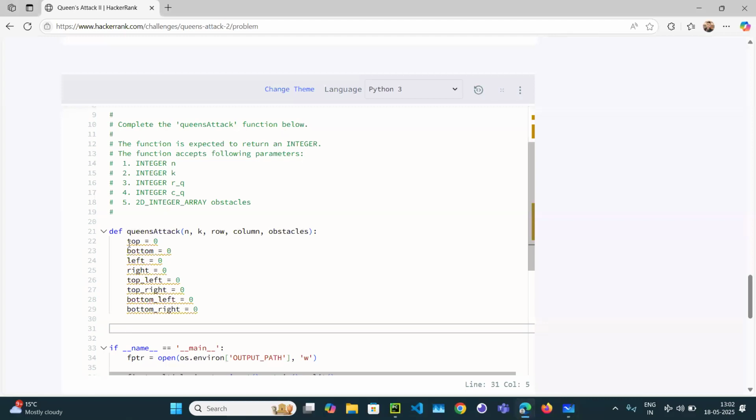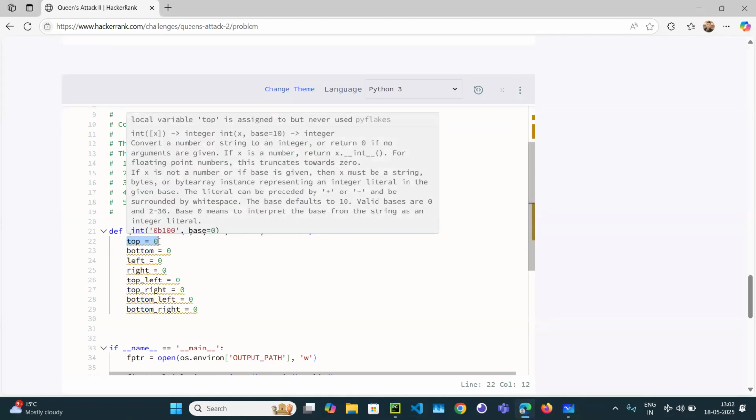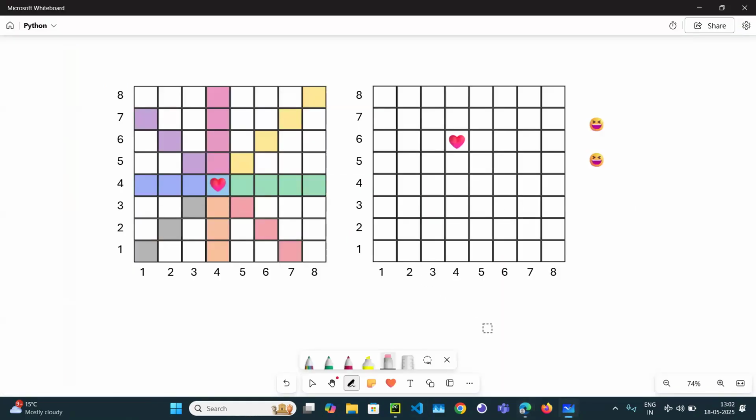So you need to tell how many squares the queen can attack in the top direction. Let's try to figure it out. Let's suppose our queen is here. How many squares can the queen attack above, in the top direction? 1, 2. If it is here, then 2.